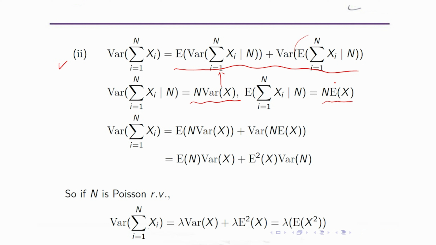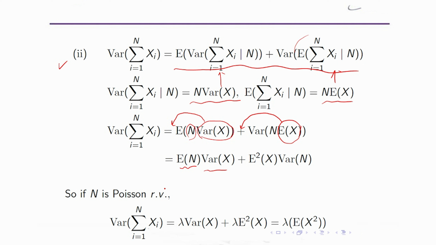We will have the expectation of N times the variance of X plus the variance of N times the expectation of X. Because the variance of X is a constant, you can move it outside the expectation, so you have the expectation of N times the variance of X. And also the expectation of X is a constant here, so you can move it outside the variance, but you have to take the square. So you have the squared expectation of X times the variance of N.